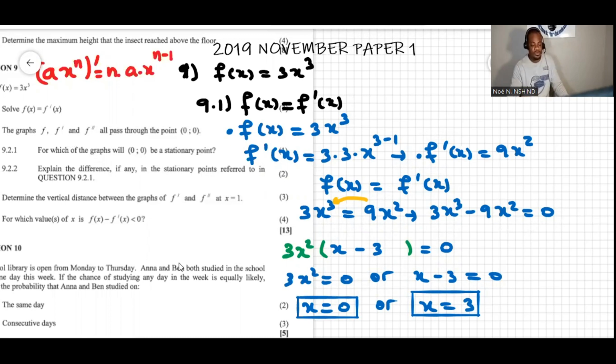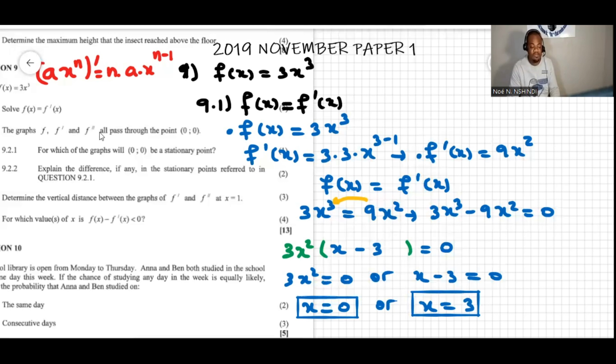Because f is a cubic function actually, it's not mentioned, but it is a cubic function, it will have a stationary point, and f prime also has a stationary point, which is the turning point, the maximum or the minimum.